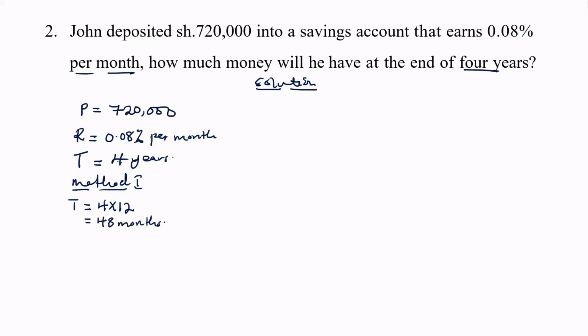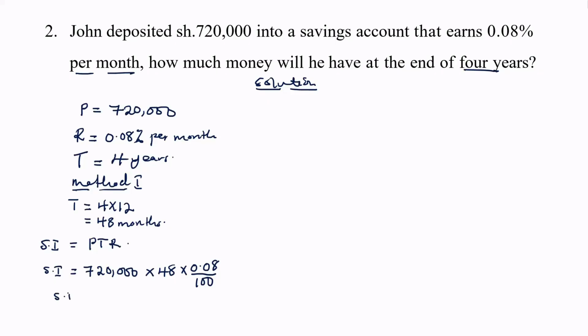So having converted the time to months, we can now calculate the simple interest using our formula: simple interest equals principal multiplied by time multiplied by R. So our simple interest equals the principal, 720,000, multiplied by our time, which is now 48 months, then multiplied by our rate, 0.08%, the same as divided by 100.